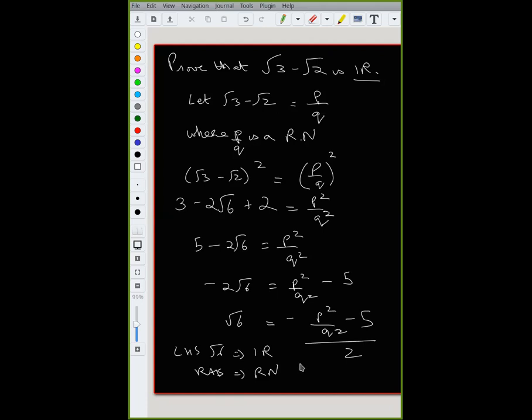So not possible. Therefore, our original assumption that this is a rational number is wrong. So since it's not a rational number, it can only be an irrational number. Write that down. So our original assumption that √3 minus √2 is a rational number is wrong. Therefore, it is an irrational number.